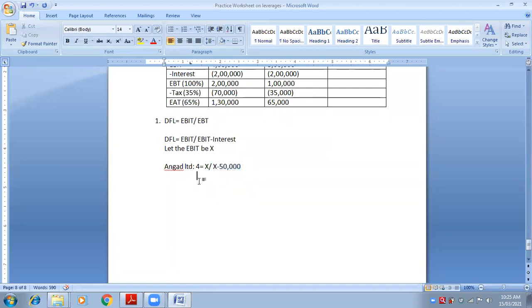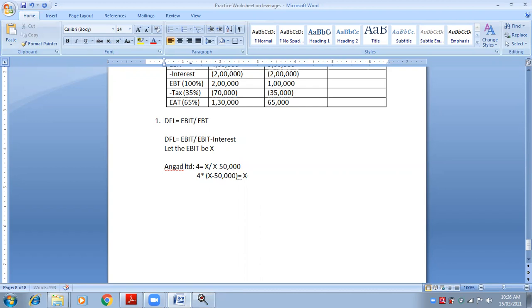So here you will write 4 multiplied with bracket, because two items are there, X and minus 50,000. So there are two things, you need to put them into bracket. So X minus 50,000 bracket close is equals to, this X will be same, which is given after equals to.